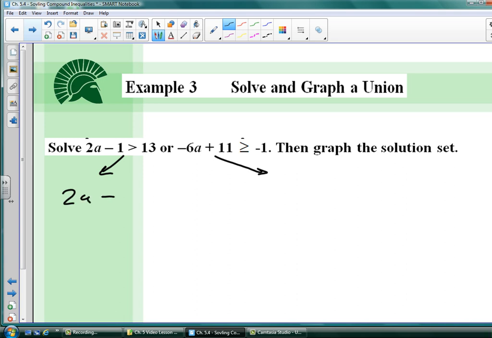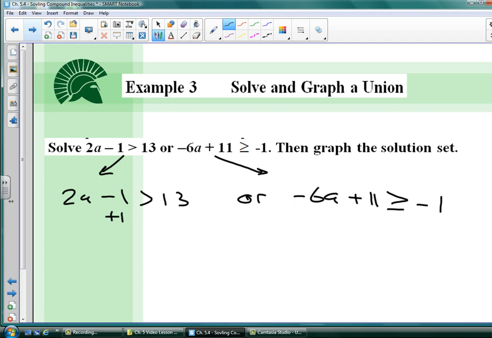So 2a minus 1 is greater than 13, or minus 6a plus 11 is greater than or equal to minus 1. So I'm going to solve these separately, and then I'm going to use the knowledge that I've gained from the previous problem and the problem before that to graph them and write them in set builder notation.